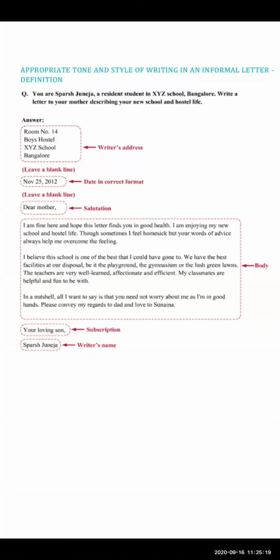Next you need to write the date, means the date on which you are going to write the letter. So the date is November 25, 2012. You should write the date in the correct format. After that also you need to leave a blank line.